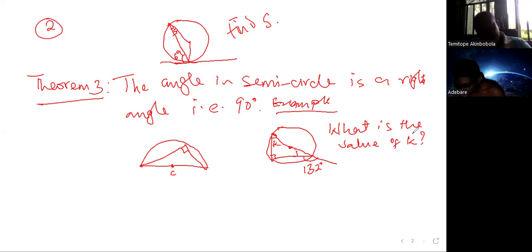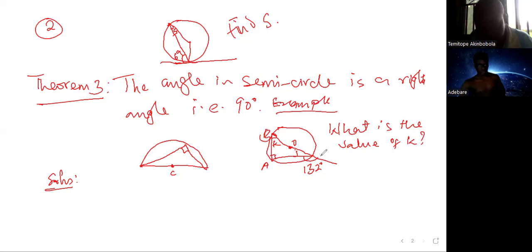Okay. The angle. We do it together. The first thing you are going to do now, let's label it. Let's put O here, A here, B here, then C here, then D here.